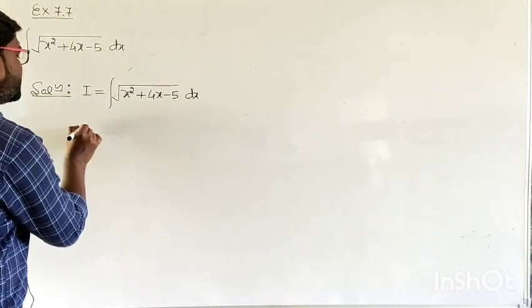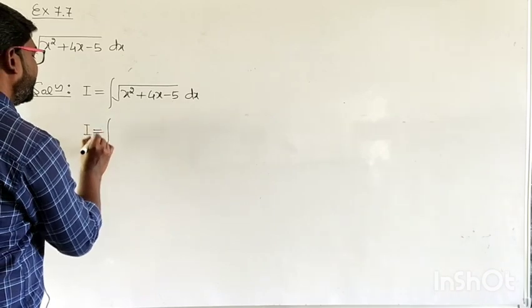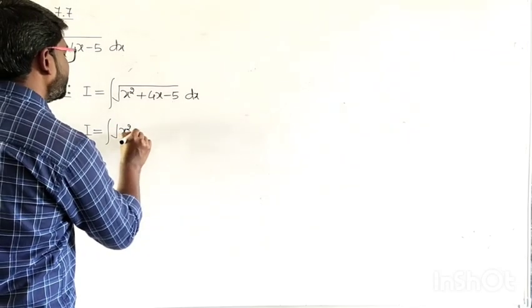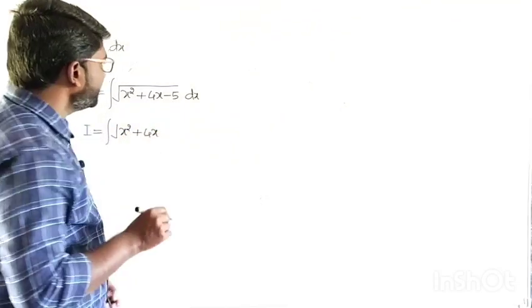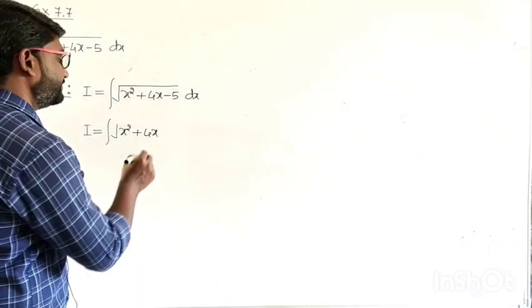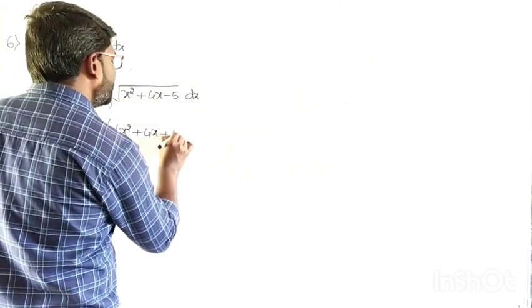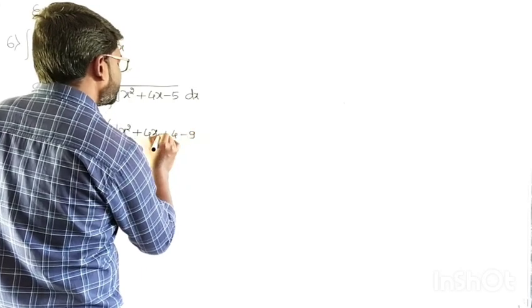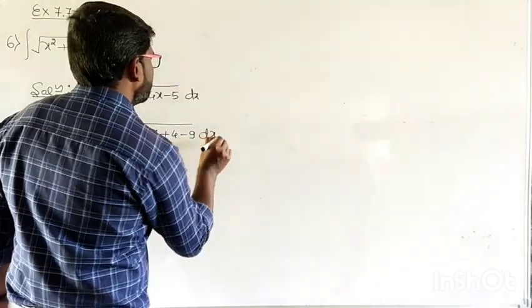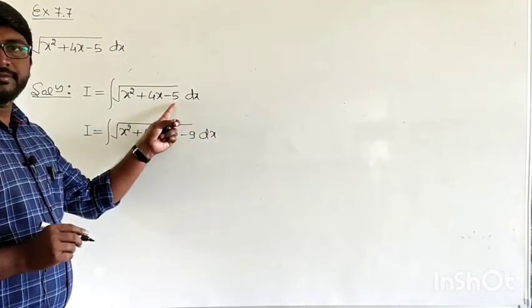Now I is the integral of the square root of x square plus 4x, then this minus 5 can be written as plus 4 minus 9, dx. Here, 4 minus 9 will give us minus 5.